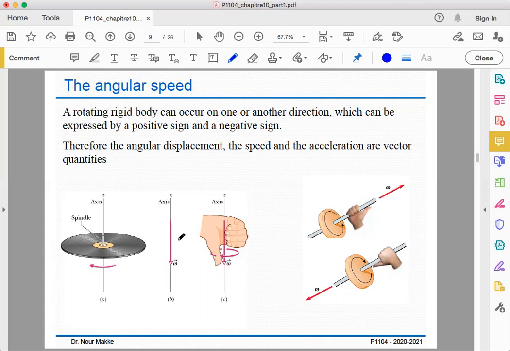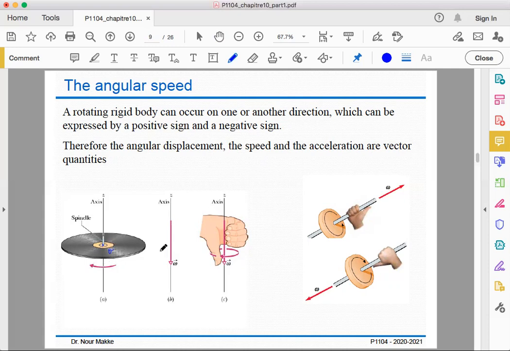However, this is not true, because if you look at this disk, for example, which we have considered previously, we said that this disk is making a rotation about some axis that passes through the point O, which is the point in the middle. Now, since this rotation can occur in two directions, clockwise or counterclockwise, that means that the rotation has a direction, and this direction is defined by a sign, basically. So if it is clockwise or counterclockwise.